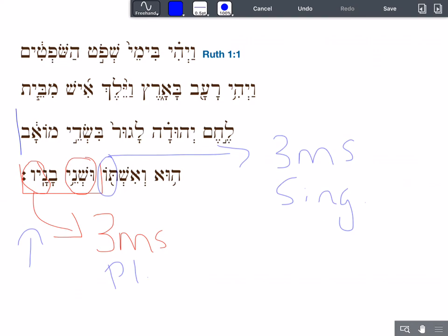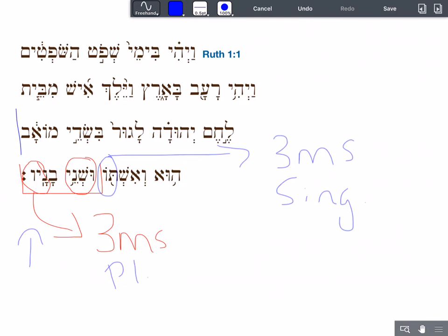So these suffix endings are very important. It tells you several things, one of which is, what's a good way of putting it? Is the noun that has the suffix plural or singular? And these suffixes will tell you.